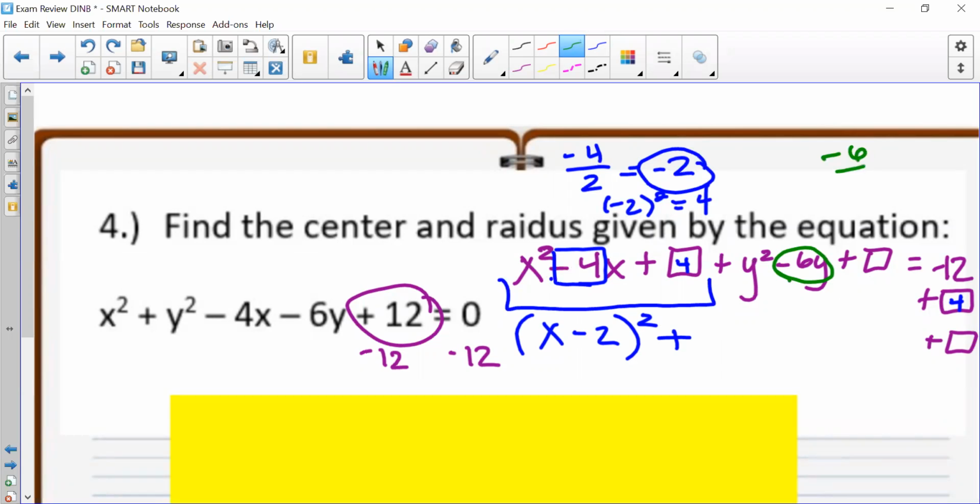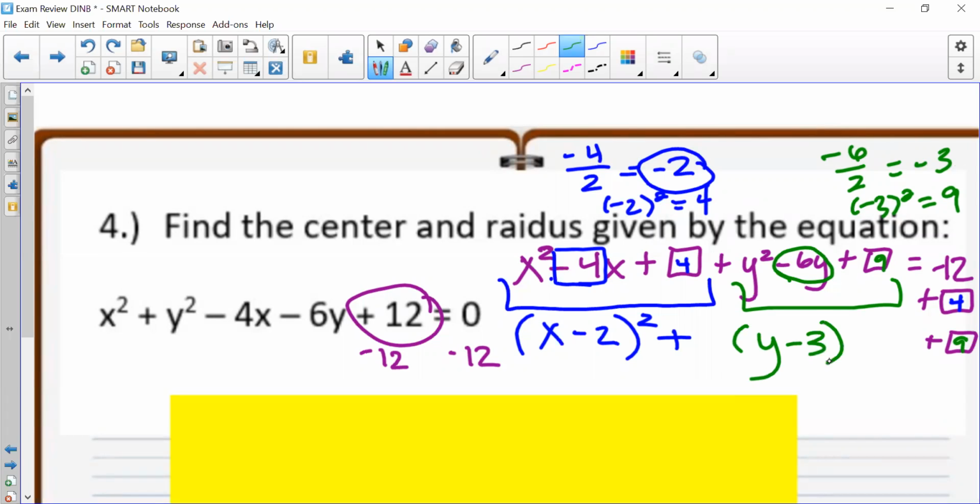We're going to divide it by 2 and then square it. We get 9 in the box. And then same thing, the variable this time is y. I got a -3 when I divided. And then there's 2 factors, so it's squared.